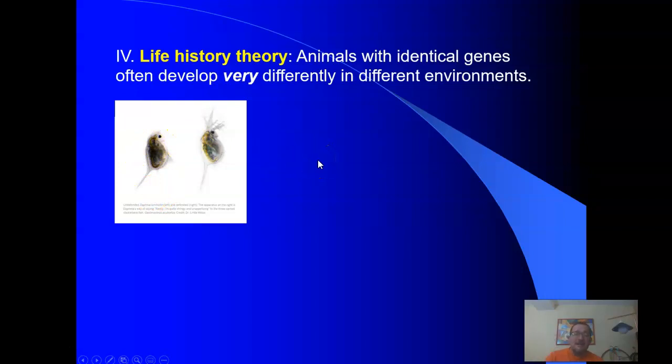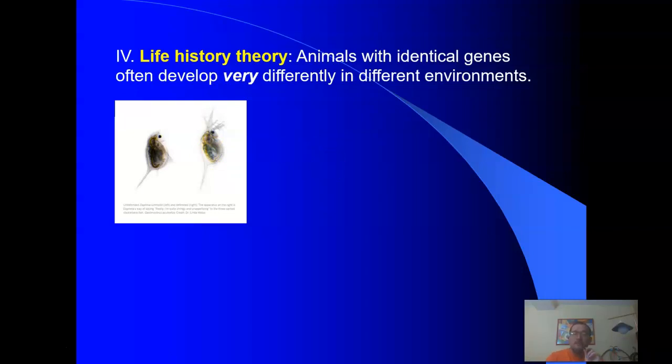If you take an identical water flea, same exact genes, and you let it grow up in an environment where there are lots of predators, and the water flea's body can detect that chemically, it grows these elaborate horns and prickly defenses, and a much tougher case that it does not develop in that other environment.